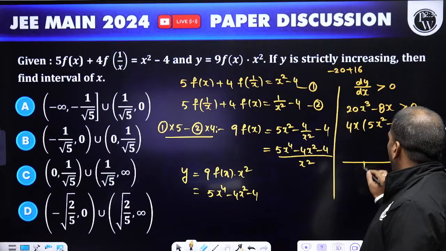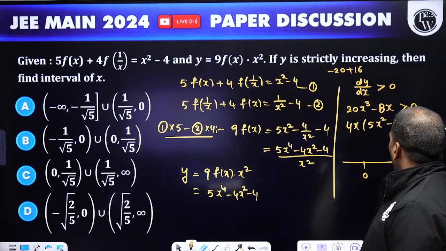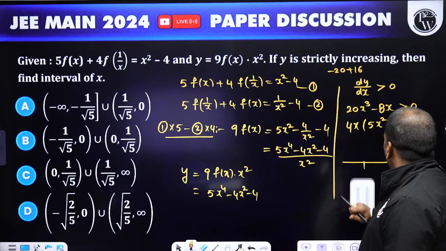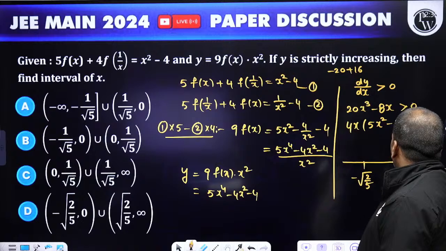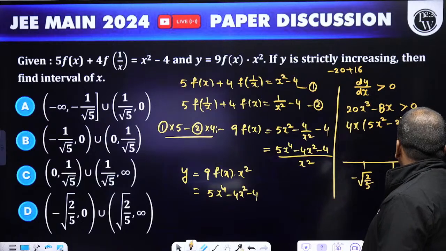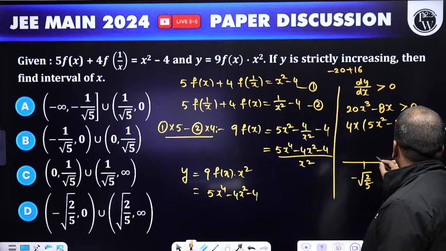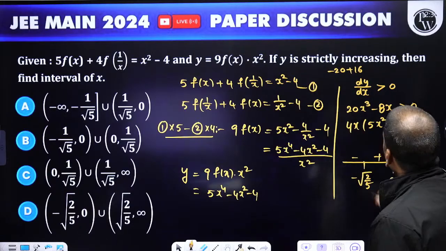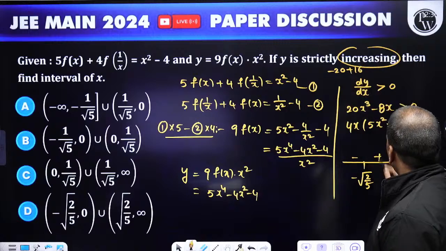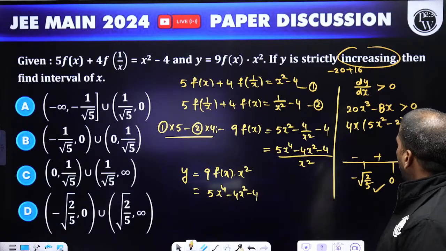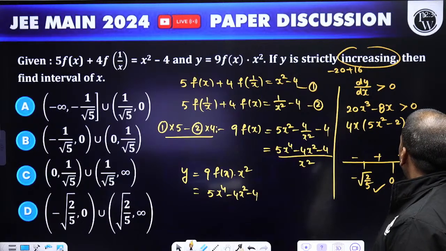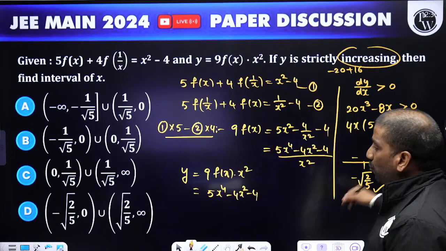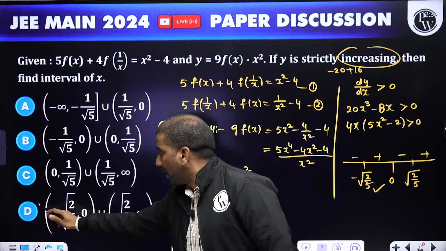Using the wavy curve method, 0, and the roots are minus root 2/5, 0 and root 2/5. The signs are negative, positive, negative, positive. We want the increasing function, so the intervals are minus root 2/5 to 0 and root 2/5 to infinity. So this is the right answer.